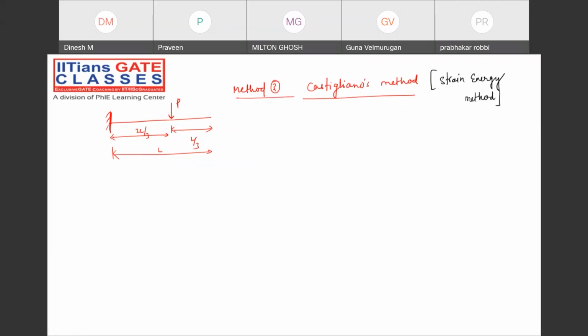Note down, this method is also called the strain energy method. Very, very important.